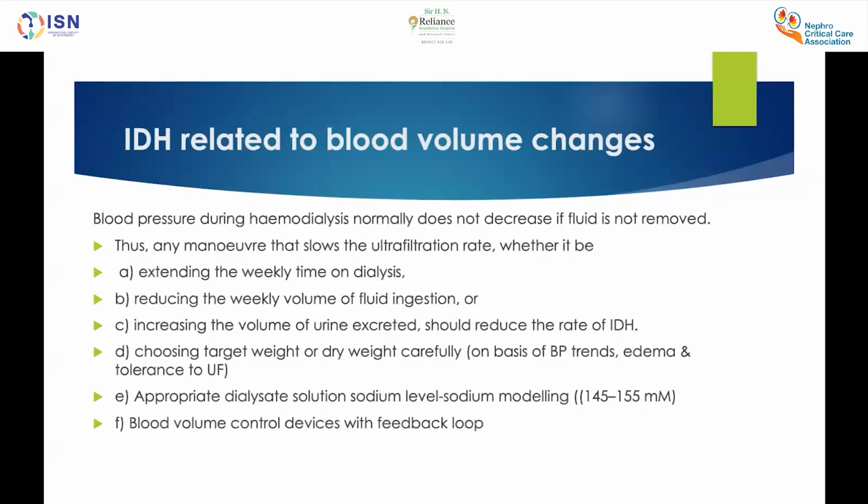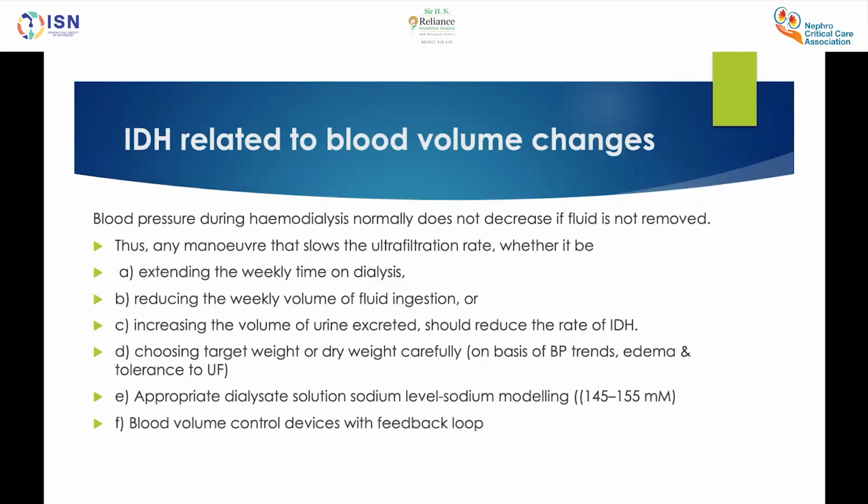Blood pressure during hemodialysis normally does not decrease if the fluid is not removed. So any maneuver that slows the ultrafiltration rate helps, whether it be extending the weekly time on dialysis, reducing the weekly volume of fluid ingestion, or increasing the volume of urine excreted.